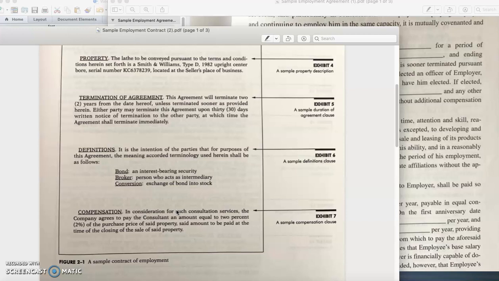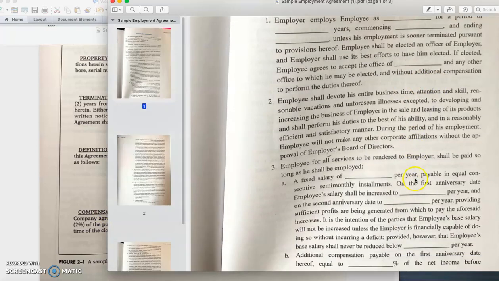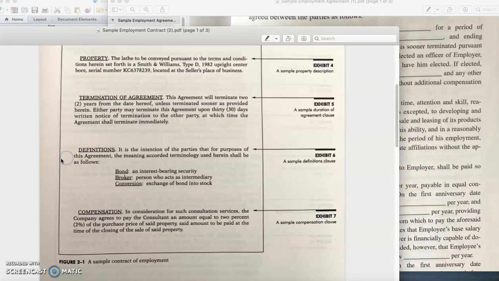Kind of at a quick glance, you can see it. Again, it's not required. In the contract that I'm showing you right now, there are titles to the paragraphs. In this one, there are not. Again, that's a perfect example of there's no one right or wrong way to do something. However, you can combine and take ideas from different samples and make them as relevant and pertinent to what you're trying to draft.